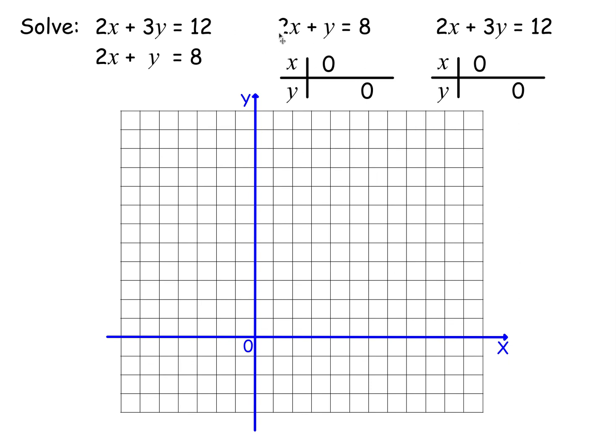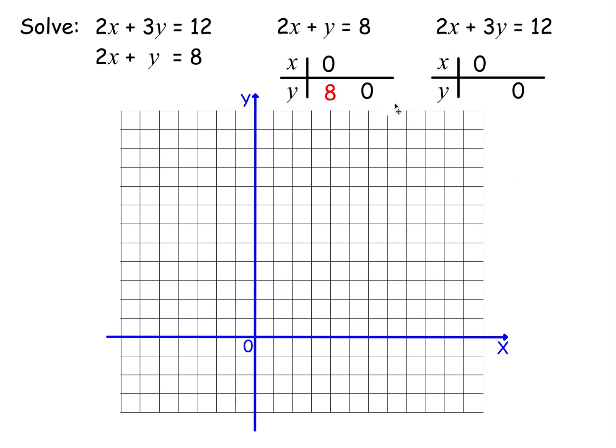If I make x 0, the x term there disappears, and it gives me y is 8. So just by covering over the 2x, because x is 0, 2 nothings are nothing, y equals 8. And that's what we get here for the first one. So that was x is 0, y is 8.